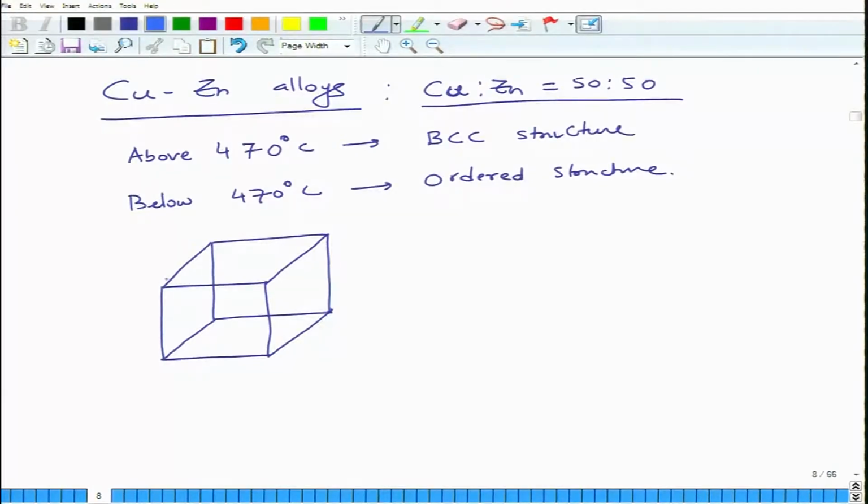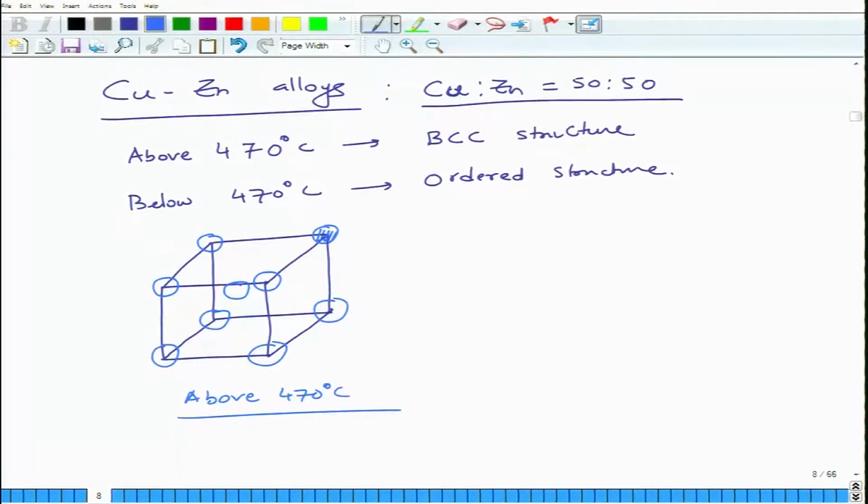So, these are your atoms. You do not know which one is copper and which one is zinc. So, this is above 470 degree centigrade. It is possible that this atom will be copper, some other will be zinc, it is just that 50% are copper, 50% are zinc.